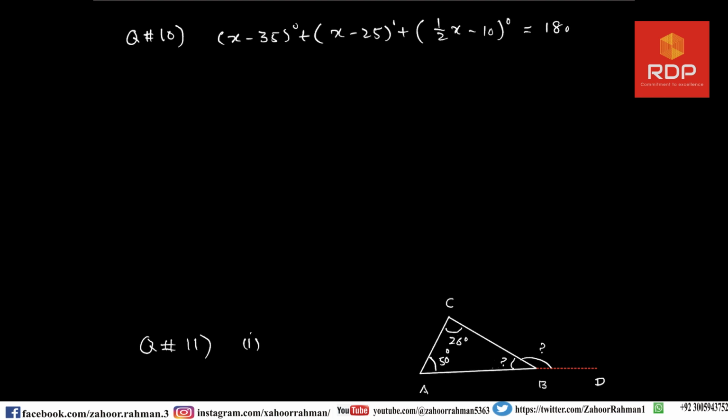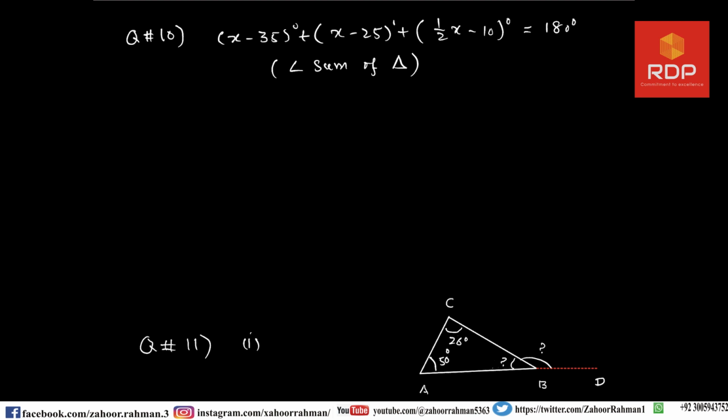So we will write from our own side 180 degree, and that is because of the angle sum of a triangle.